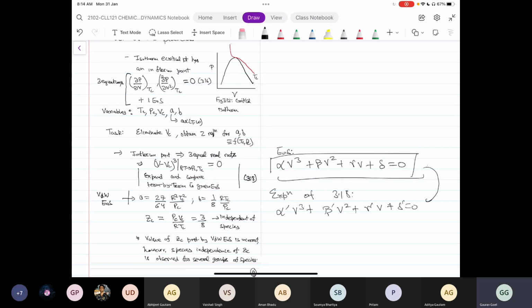Now you compare these two term by term. Right? So this is the meaning of comparing term by term. And from there, you can get the parameters. So you can get the relationship which I've written at the bottom. All right, A and B.